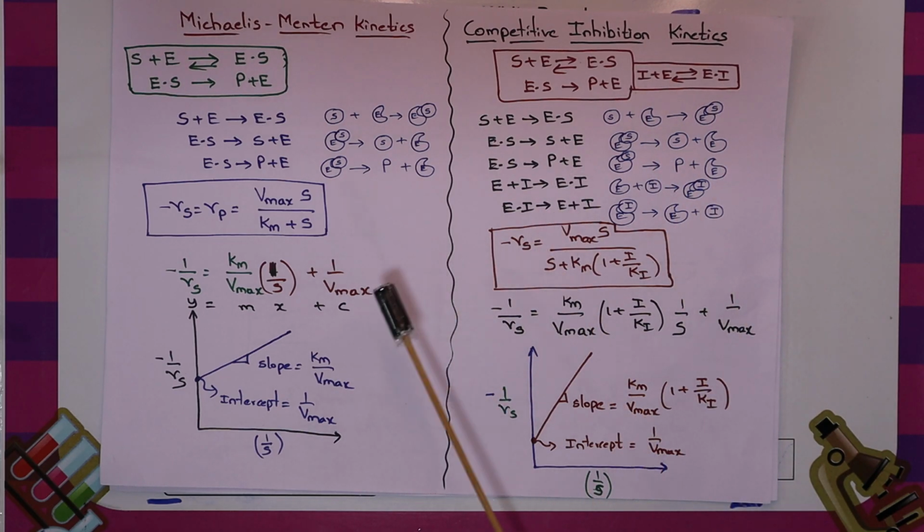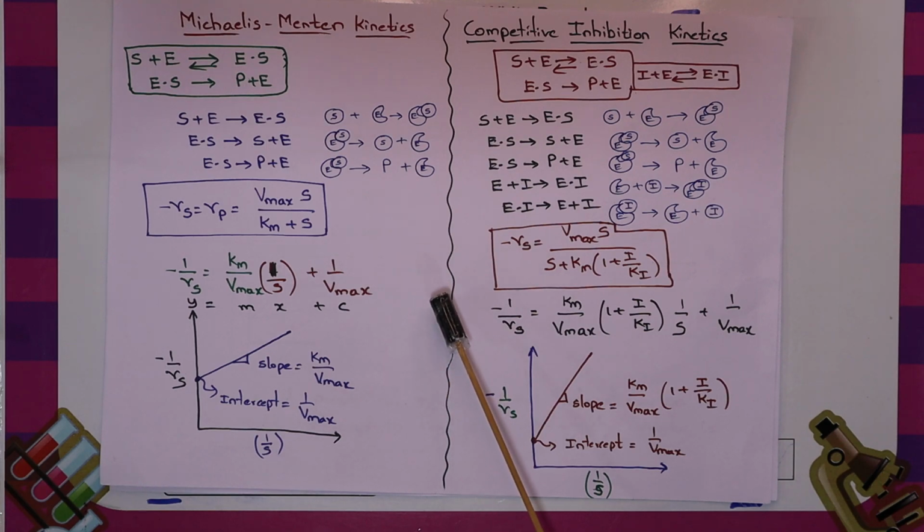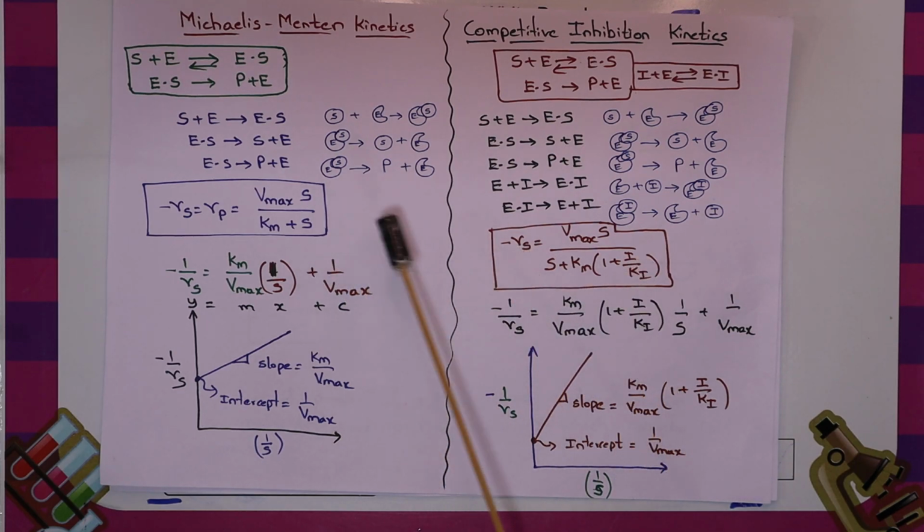If you follow the mathematical formulations, finally minus Rs is equal to Vmax into S by S plus Km into 1 plus I by Ki. If you observe these two rate equations, there is an additional term coming along with the Michaelis-Menten kinetics, which is 1 plus I by Ki. So let us transform this equation to y equal to mx plus c form.